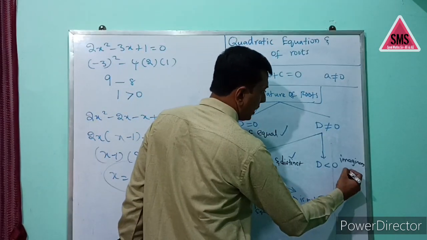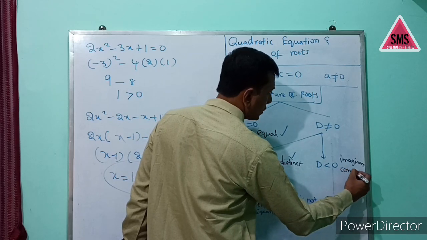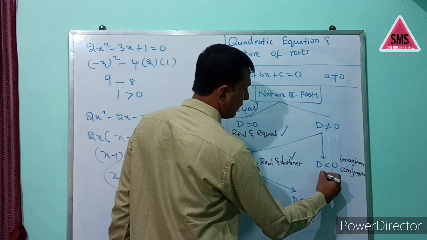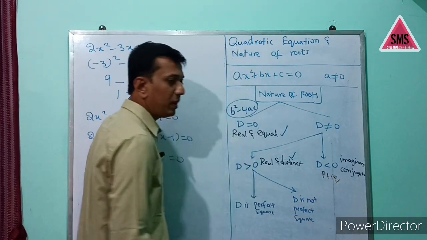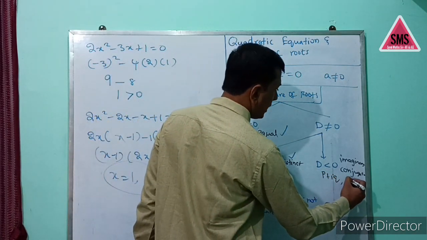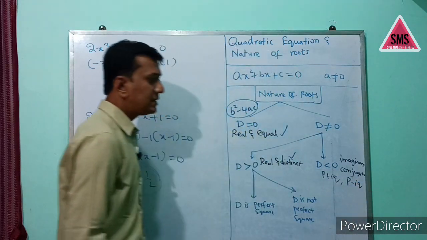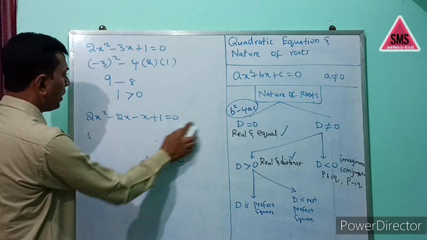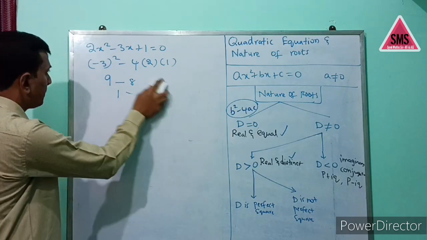In imaginary roots, what kind of roots do we get? They are conjugate to each other. What is the meaning of conjugate to each other? If one root is of the form p plus iq, then the other root is of the form p minus iq. Let us verify this also with the help of a small example.